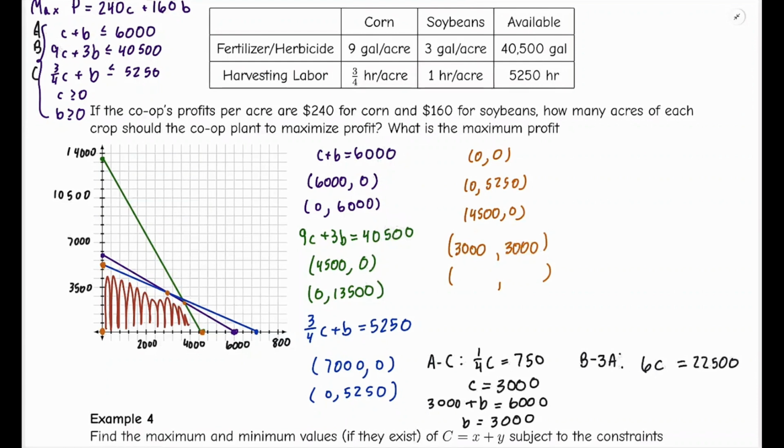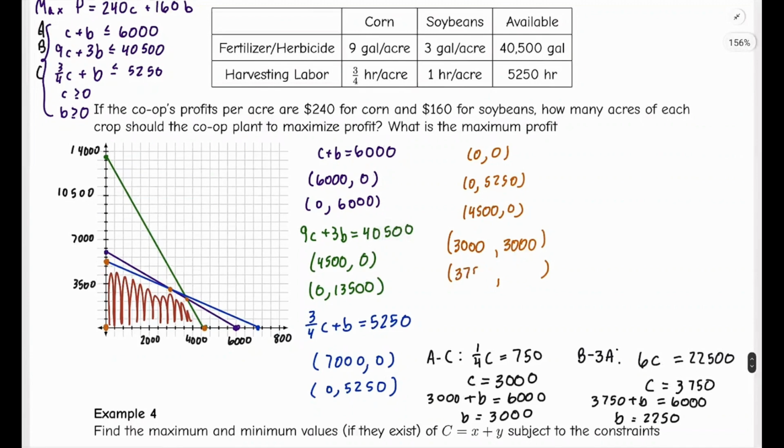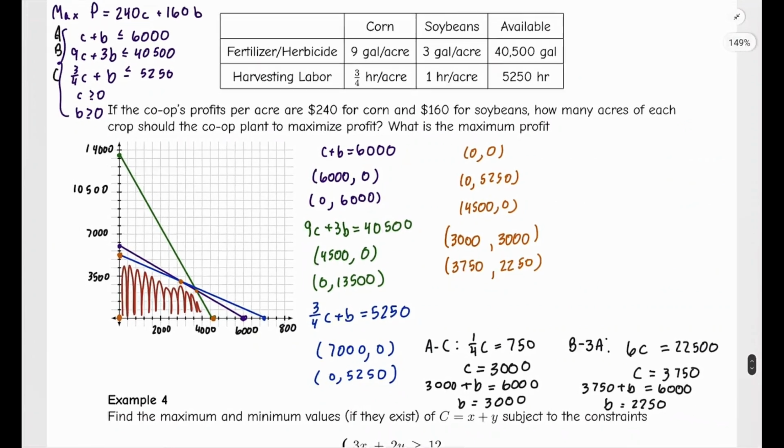Divide that by 6, and we're getting C is 3,750. Plug that back into A, we get 3,750 plus B is 6,000. Subtract, we get B is 2,250. So we're getting 3,750 and 2,250 for our fifth point.